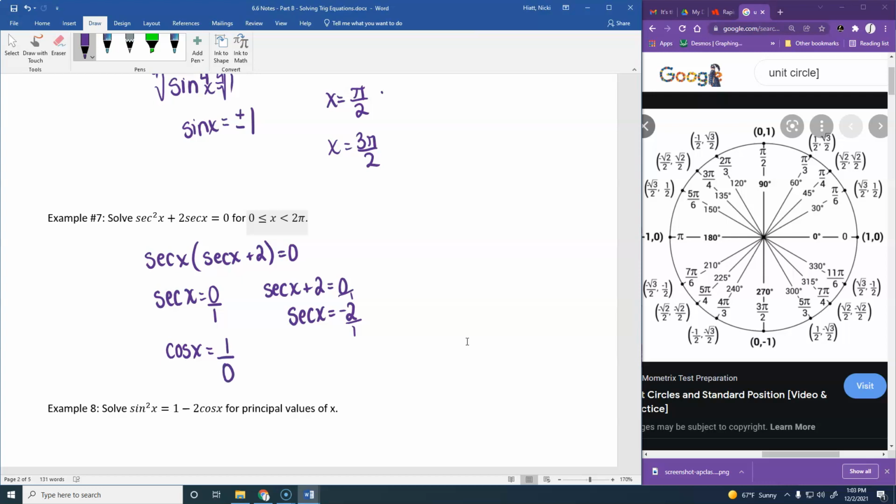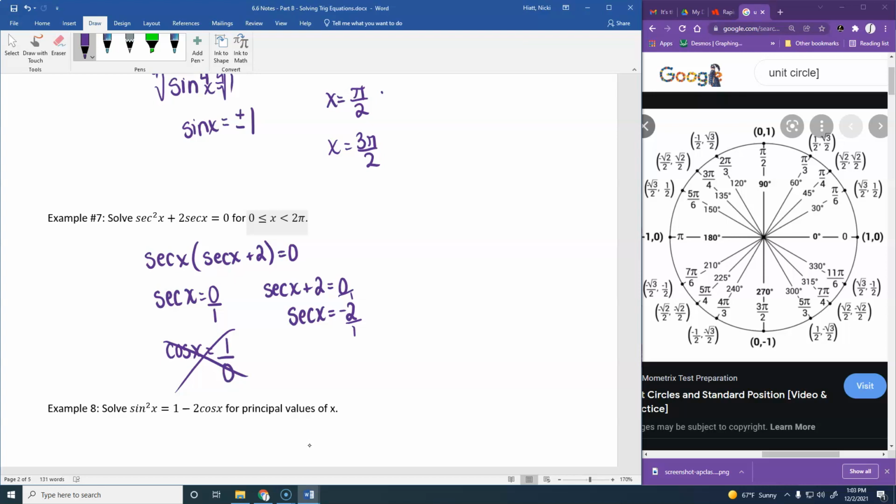Where is cosine undefined? That'd be your x-coordinate. Is there anywhere we've got undefined for our x-coordinate? No. So cosine's never undefined. So you actually don't get an answer from that part. Secant can never equal 0.